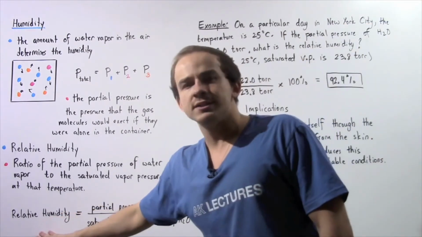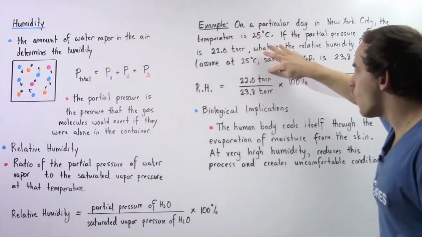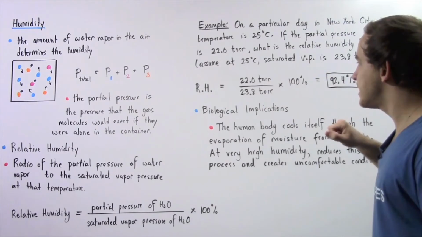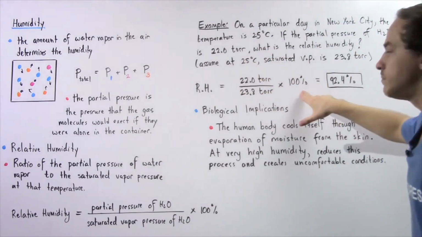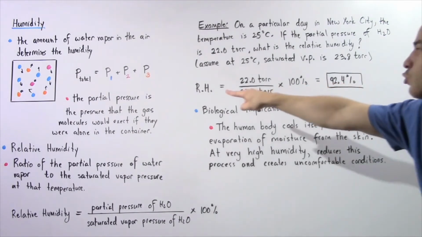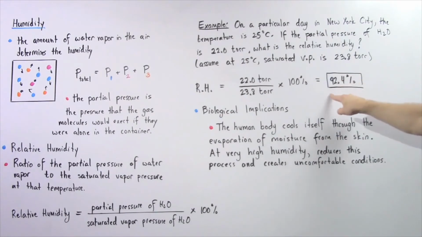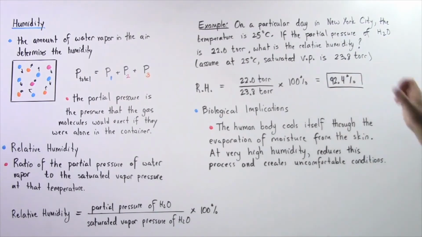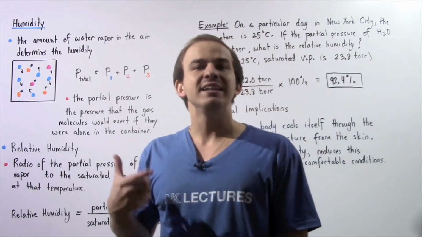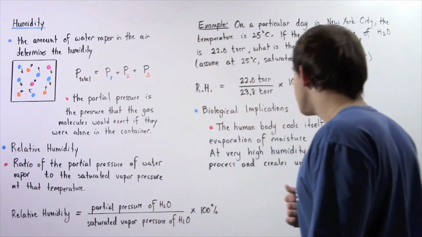So to find the relative humidity, we simply take the fraction of 22 torrs divided by 23.8 torrs. The torrs cancel. We take this and multiply it by 100%, and we find that our relative humidity of the air under these conditions is 92.4%.